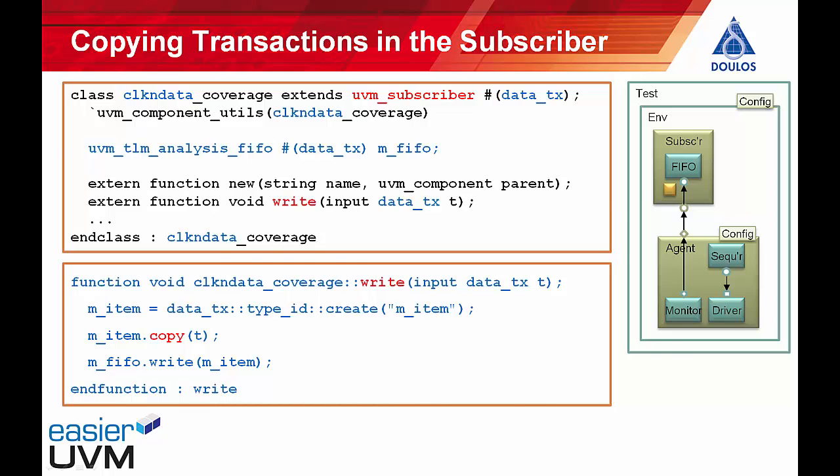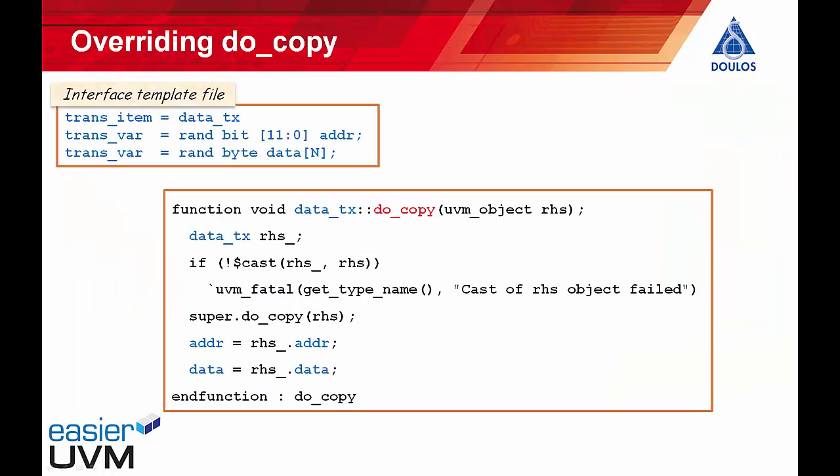Now, how do you override copy within the transaction class? Well, that's done by overriding not copy, but do_copy. So here we're overriding the do_copy method of data transaction, where data transaction is a user-defined class that extends UVM sequence item, that extends UVM transaction, that extends UVM object. So we're actually overriding a method of class UVM object, and so the argument to do_copy is actually of type UVM object.